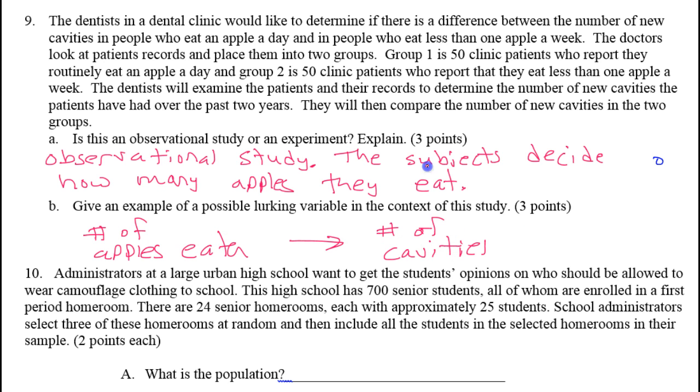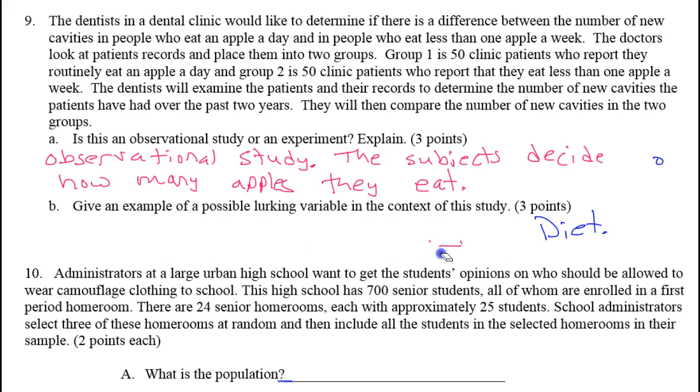So in this case, the most obvious lurking variable would be diet, meaning what else do they eat? Now, we're not just saying what if somebody ate a bunch of candy? We're saying it's likely that people who eat an apple a day probably eat less junk food than people who never eat apples, or eat less than one a week.